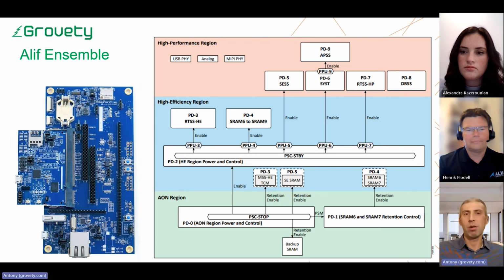These boards have a total of 9 power domains, and each is controlled by digital logic and software to optimize power efficiency based on the device in a very dynamic manner.